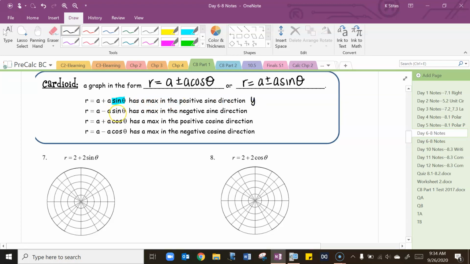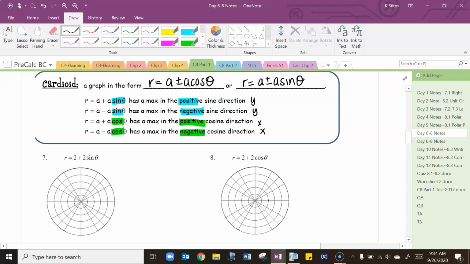If you have a minus a sine theta, you have a max in the negative sine direction, again, that's going to be y. And then for the cosines, you will have a max in the positive or negative x direction, or cosine direction, based on whether you have a plus or a minus.